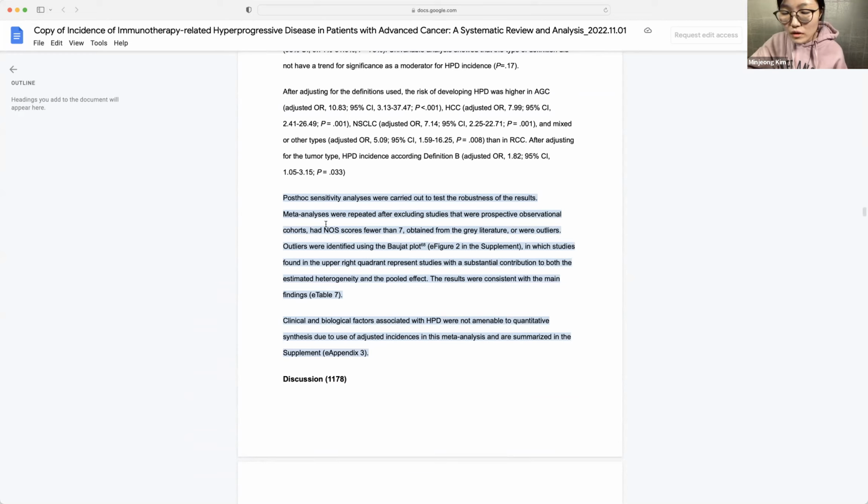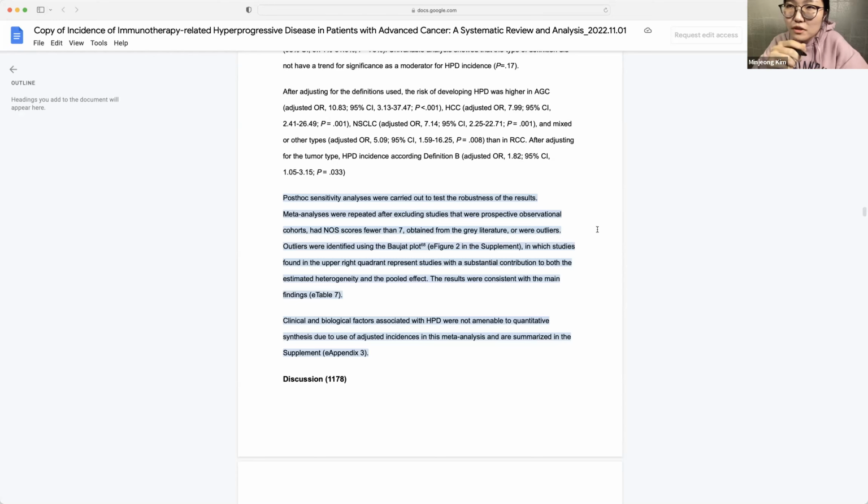And what we did was we took out the studies that were potential outliers, and we identified these outliers using the Baujat plot, which you can find in figure 2 in the supplement. And besides excluding outliers, we also excluded prospective observational cohorts, which were only 3 in the study, and also studies that were considered low quality or had NOS scores less than 7.